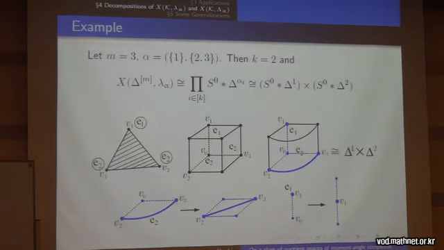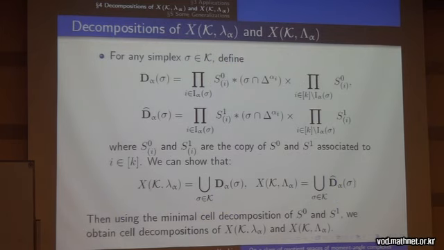So it involves not only products but also joins. I think this is the main idea: the building blocks of these quotient spaces of moment-angle complexes involve operations like Cartesian product and join at the same time.